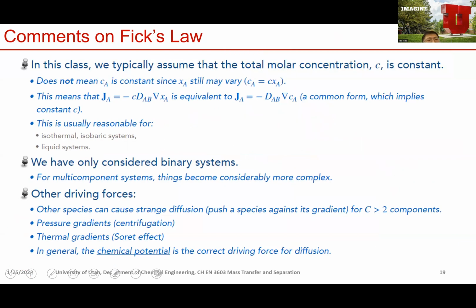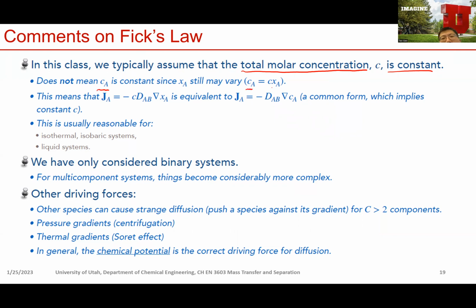Good. So we want to add some comments on Fick's law so you understand the physical meaning here. In this class, we typically assume the total mole concentration is constant, right? If there's no reaction, this is typically valid, because there's no creation of species. But that does not mean C_A is constant, right?